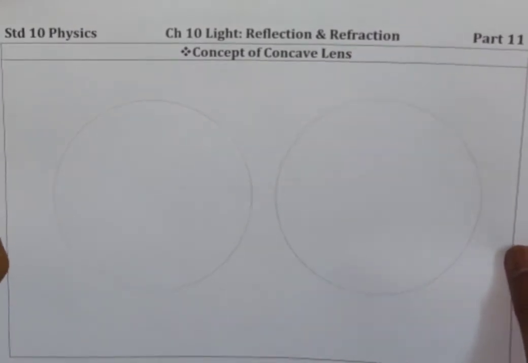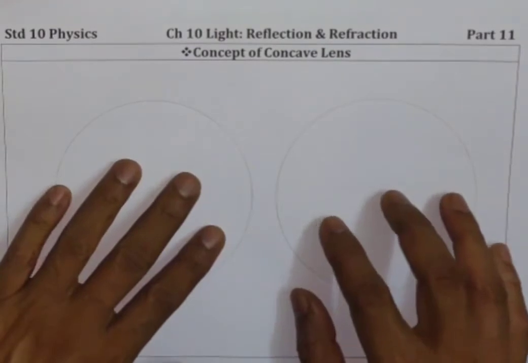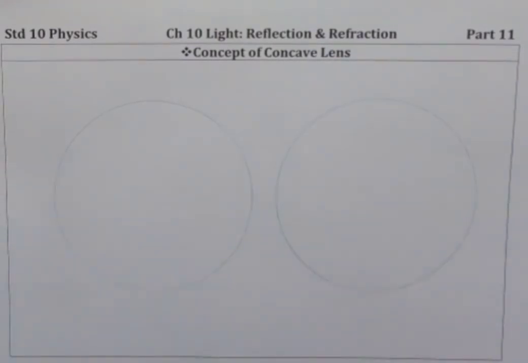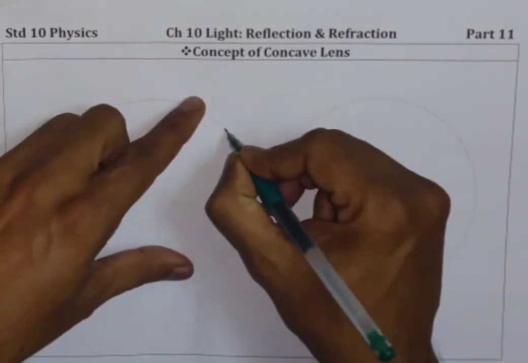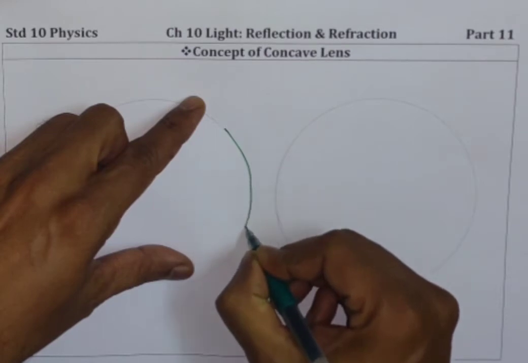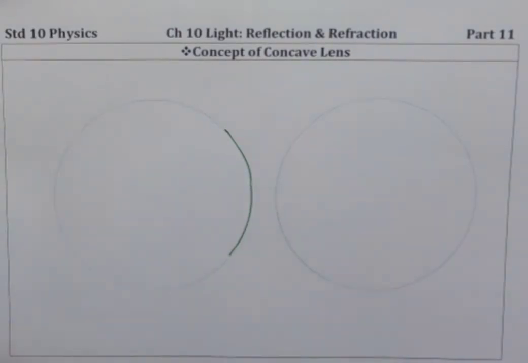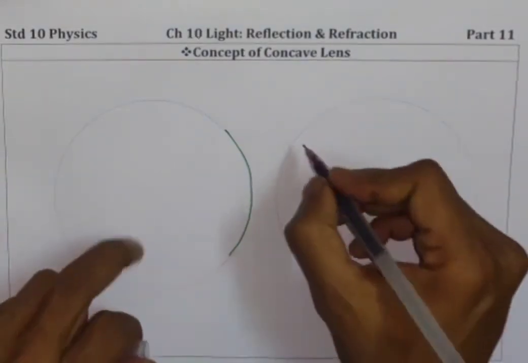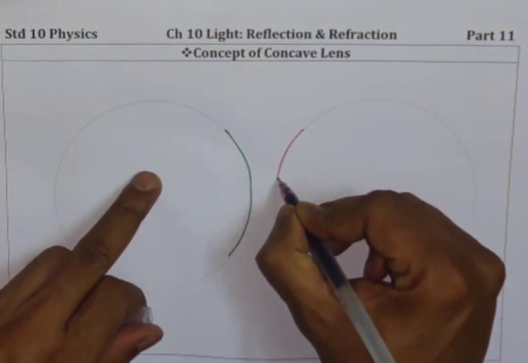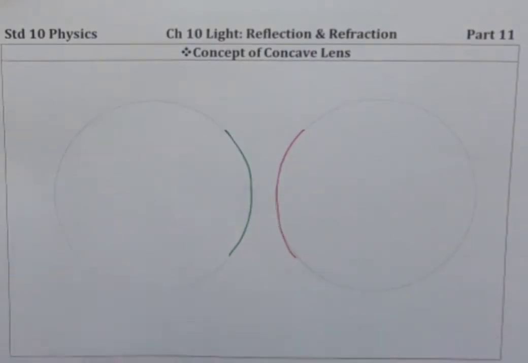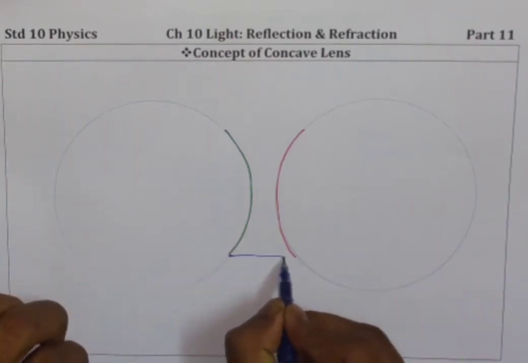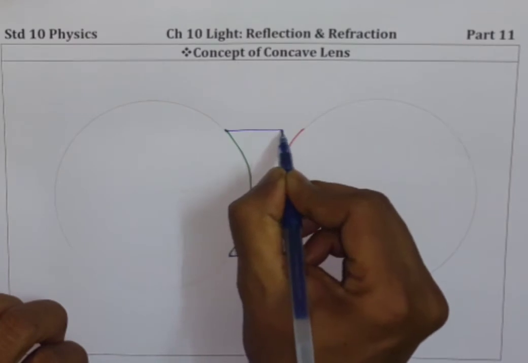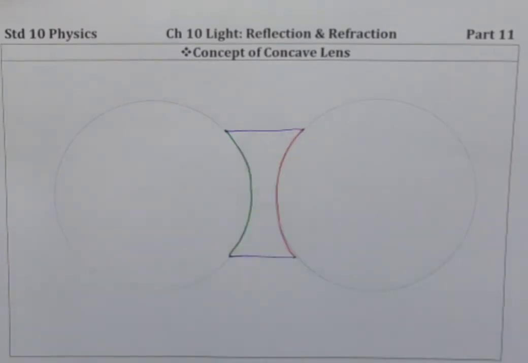Now see, here we have two solid spherical objects made up of transparent glass. I'll take one spherical part from here, and another spherical part from here. Now this is interesting. Then I make a single piece of glass in this shape.